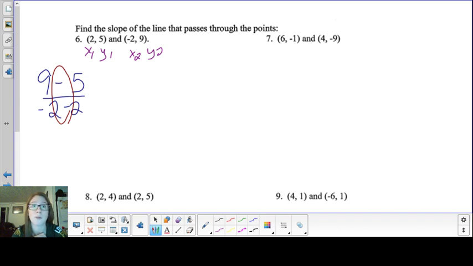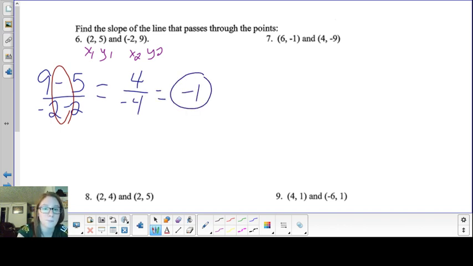Well, that would be if you had a minus, 2 minuses, we now turn into a plus sign. So 9 minus 5 is 4. -2 minus 2 is -4. 4 over -4 will give me a -1.